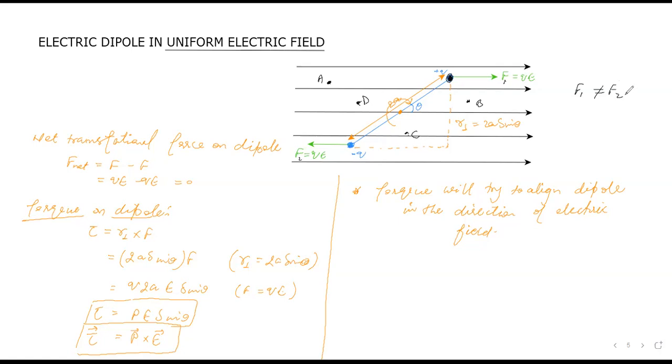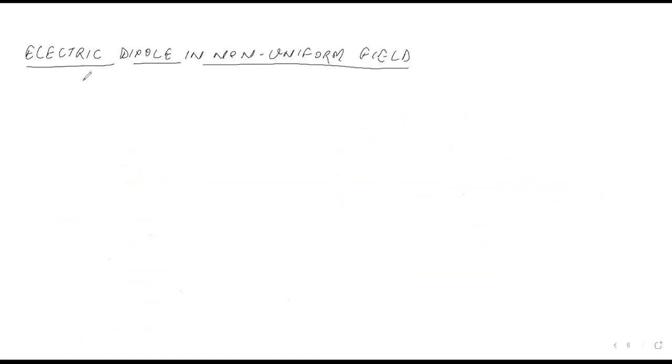Are you understand it or not? Yes, sir. Okay. It is possible that any one of these, F1 or F2, may be greater and the remaining will be smaller. Hence, we can write here the net force on the dipole.